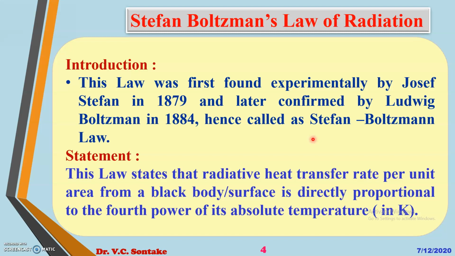The statement of this law goes as follows. This law states that the radiative heat transfer rate per unit area from a black body or surface is directly proportional to the fourth power of its absolute temperature, and it is considered in Kelvin.